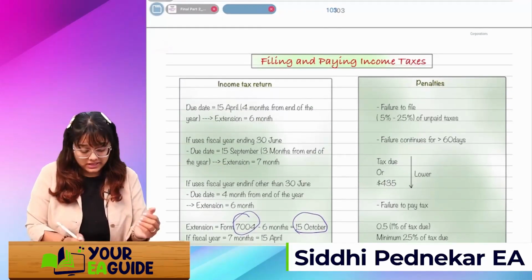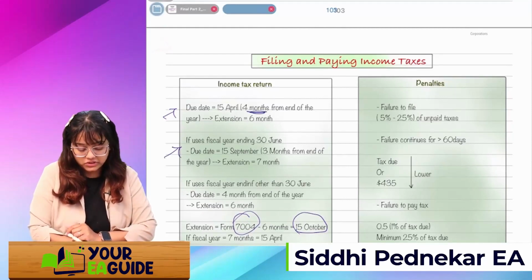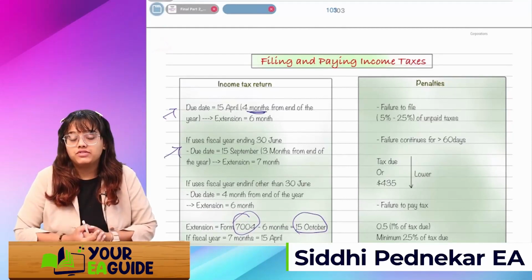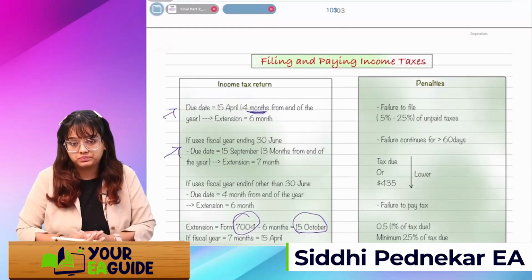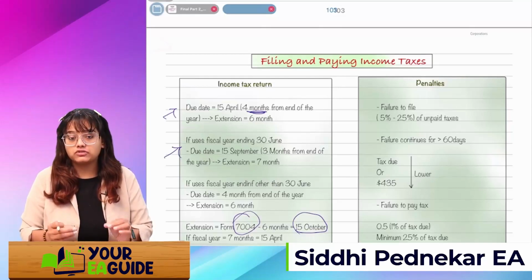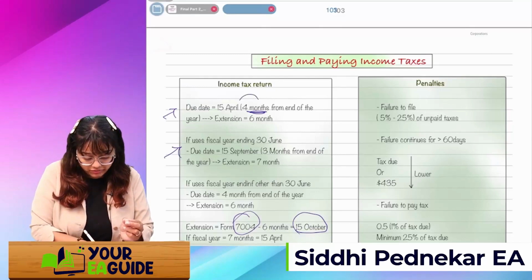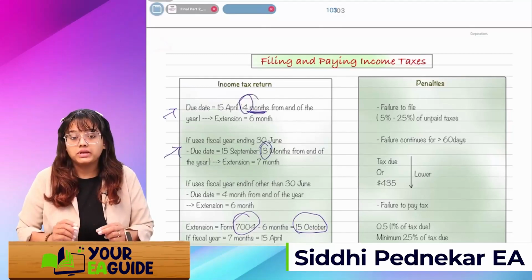Now there is one more exception to this 4-month rule. If the corporation is using a fiscal year ending on 30th of June, only for those whose year is ending on 30th of June, remember this, the due date will not be 4 months from the end of the year, but 3 months from the end of the year.